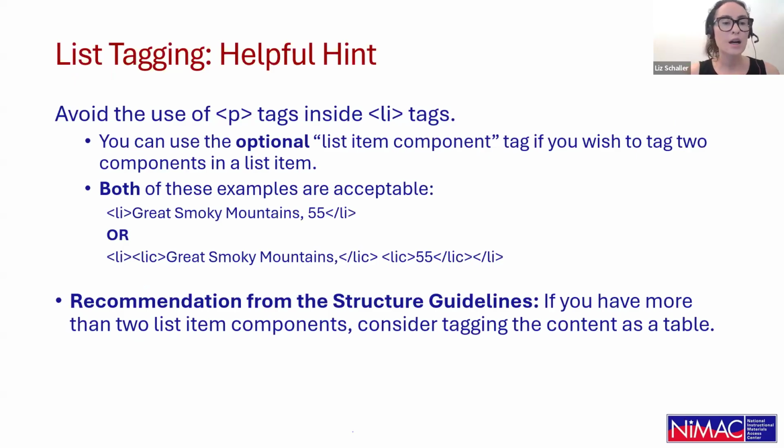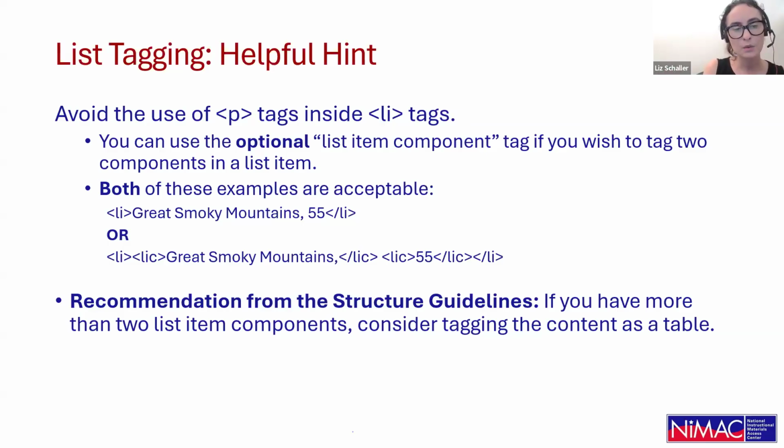Another hint here is to avoid the use of paragraph tags inside of list item tags. Instead, we recommend that you use the optional list item component tag if you wish to tag two components in a list item. On the screen here, you can see two examples of how you might tag the same entry. One is to include both items within a single list item tag.